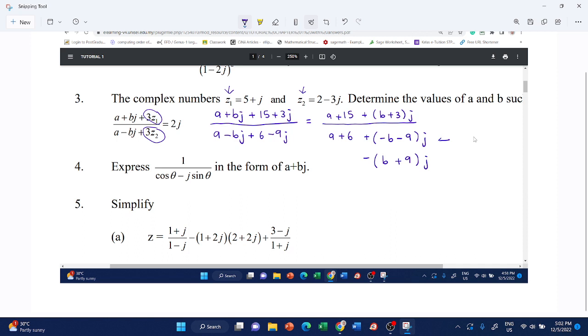Now you see this part, these two. Is it equivalent with this one? Yes, both are equivalent.